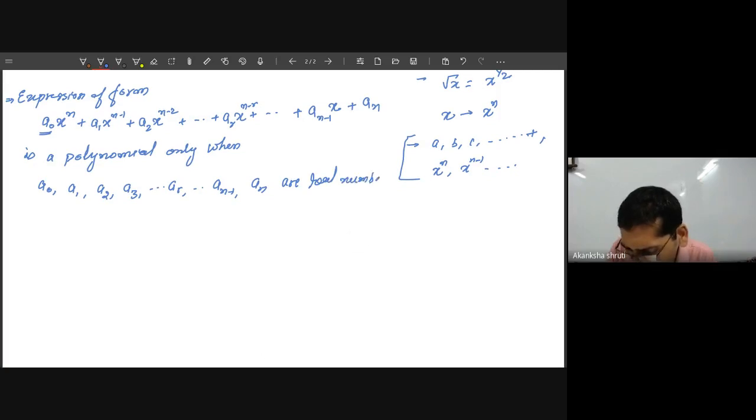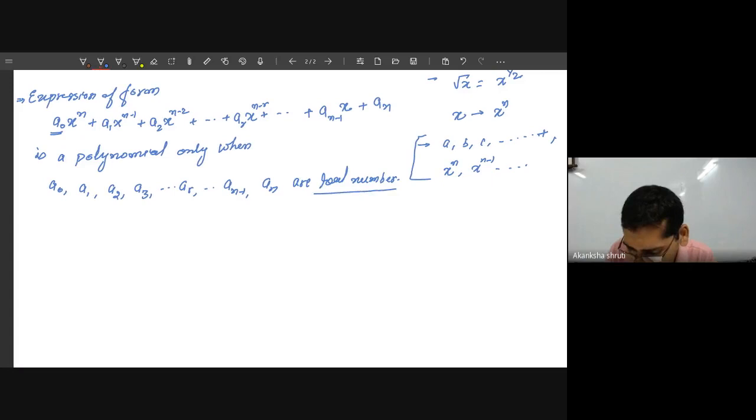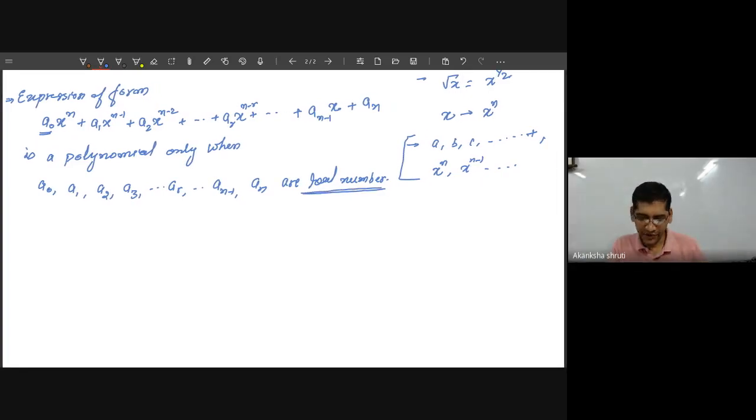Student, we have learned what a real number is in the last chapter. What is the condition for a real number, that we have also learned. We will revise it. So the very first condition is this one. Here I had taken 2x plus 5. Student, what is a0 here?